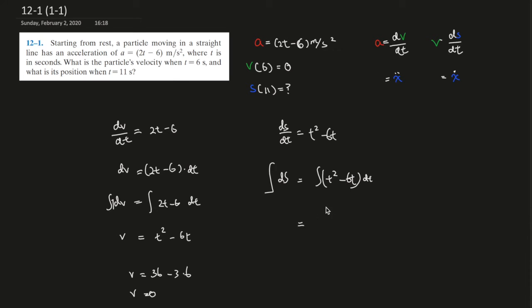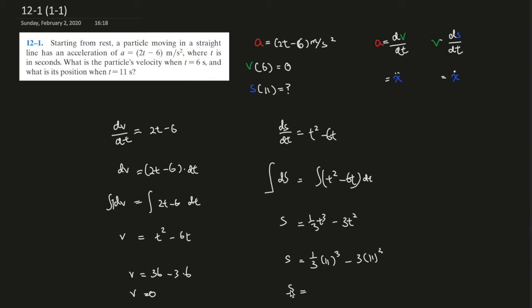We get one third t to the power of 3 minus 3t to the power of 2, voila. Now if you plug everything in, t is 11. So it's one third times 11 to the power of 3 minus 3 times 11 to the power of 2 equals the position.